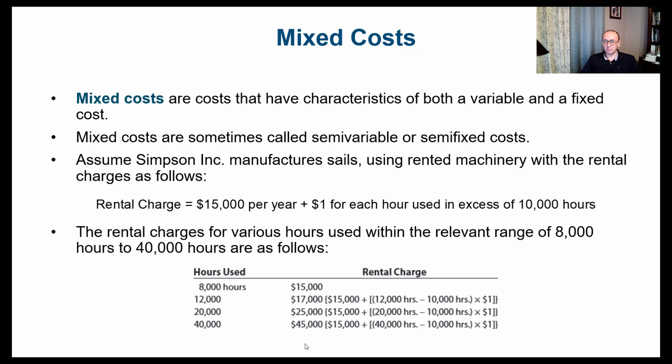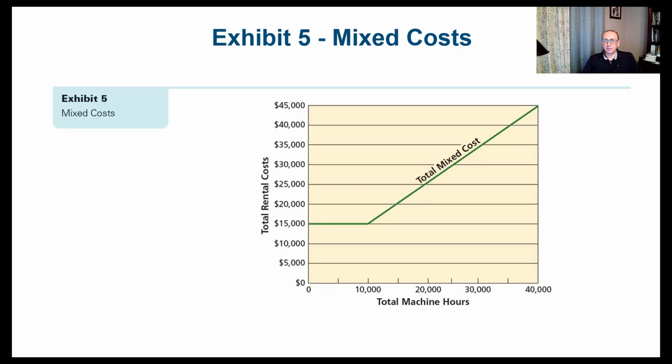So that's a mix between a fixed cost that you know, plus some variable cost depending on the extra mileage that you drove the car. So here you can see that the cost is fixed up to 10,000 hours, but over that we have the variable factor, which makes the slope go up.